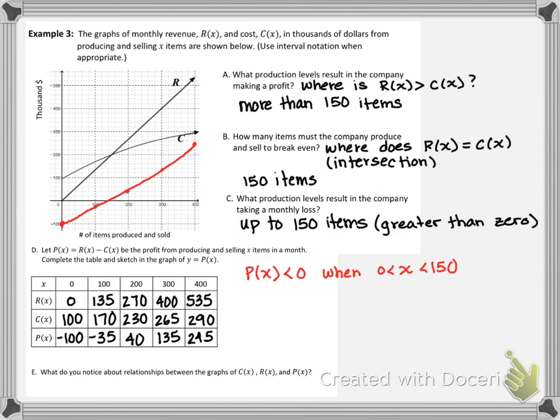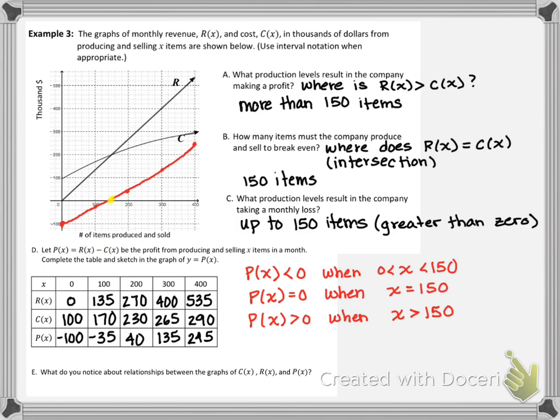That represents our loss. P of X is equal to 0 when X is equal to 150. That's the point where we break even, right here. And then P of X is greater than 0 when X is what? Yeah, greater than 150. And that corresponds to our answer to A.